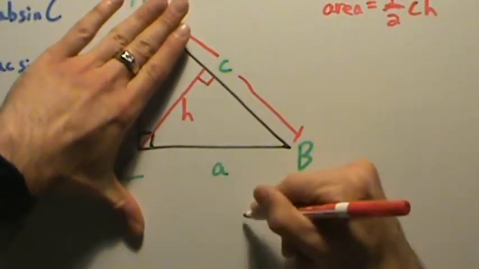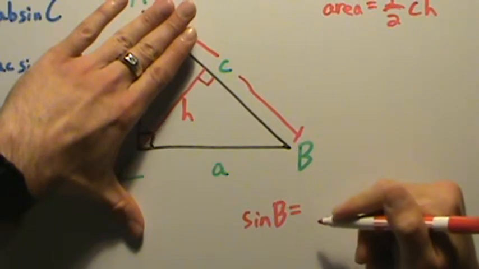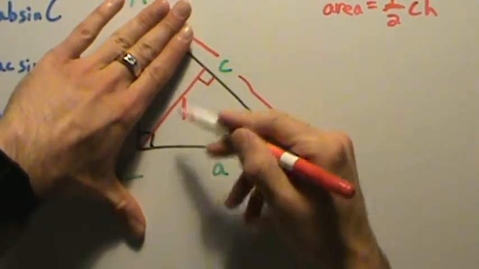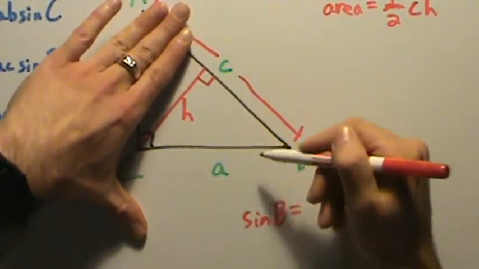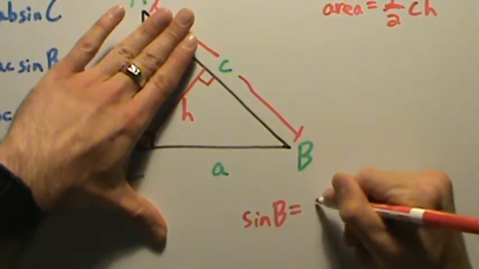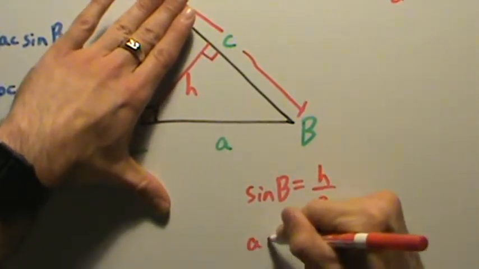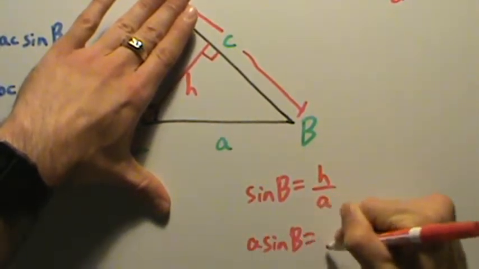Sine of angle B is opposite, which is h, divided by the hypotenuse of this smaller right triangle in here, which is a. So sine of angle B is opposite over hypotenuse, h over a. Multiply both sides by a, and we get a sine B equals h.